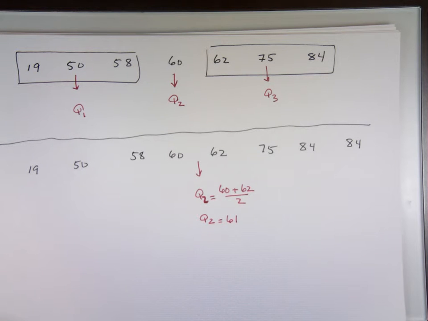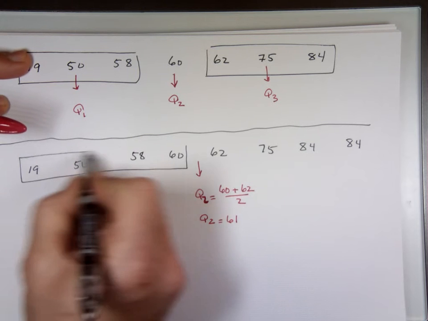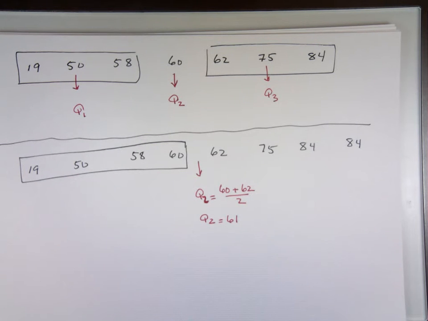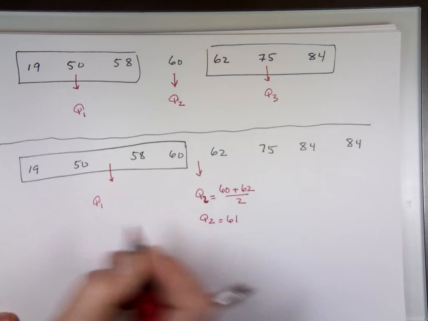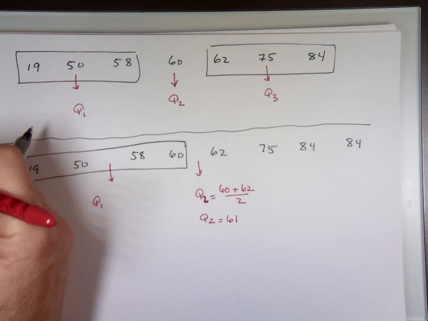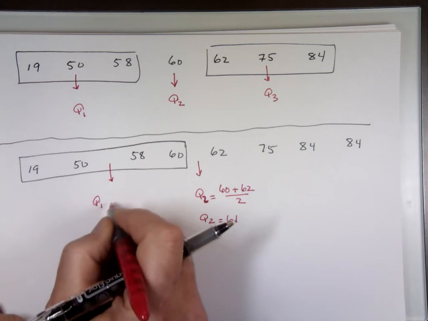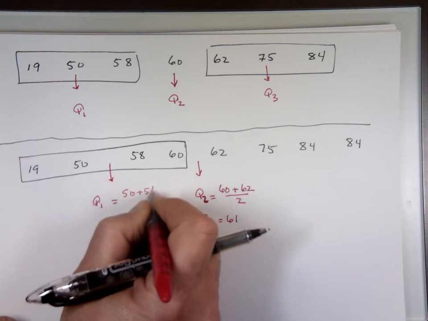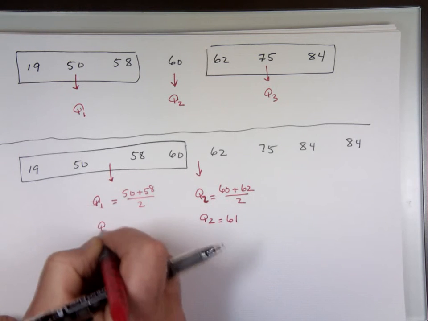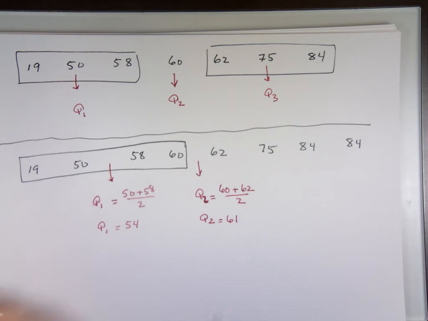Now 61 is not on the list, so this is the left half of that list. Let's find the median for this half, and that'll be Q1, because that's 50% of the values to the left. The median of that half is going to make it 25 and 25. So Q1 is going to be what? 50 plus 58 divided by 2, which is what? 54.